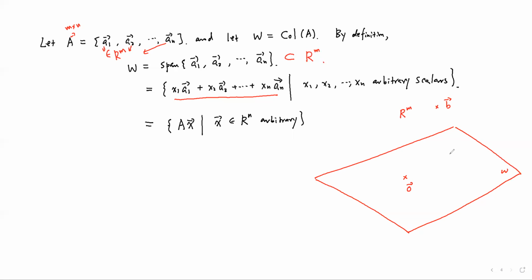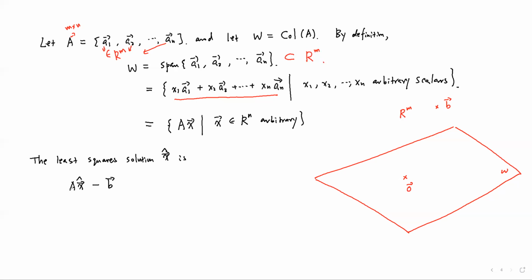Now the question is the least squares solution x hat, which makes the length of A x hat minus B smallest.